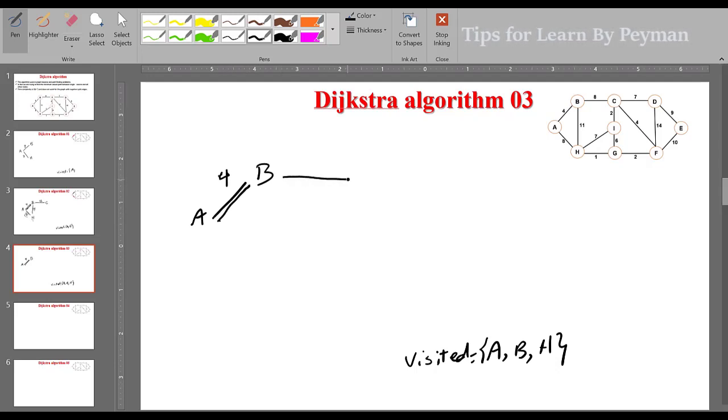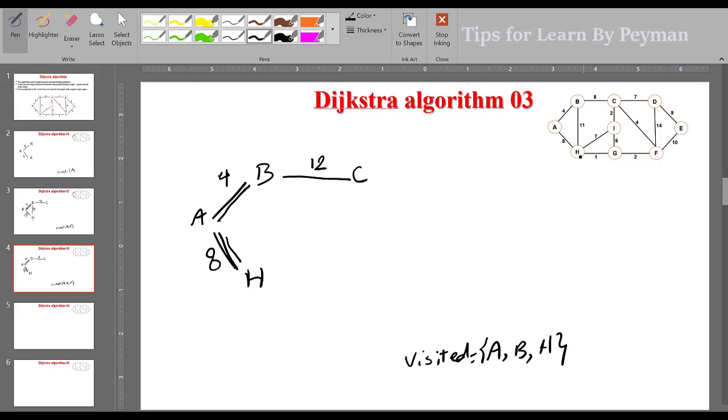Then I opened C with value of 12, it doesn't open, just check it, and then I chose H. It was 8. So when I open the H node, let's see what would happen.